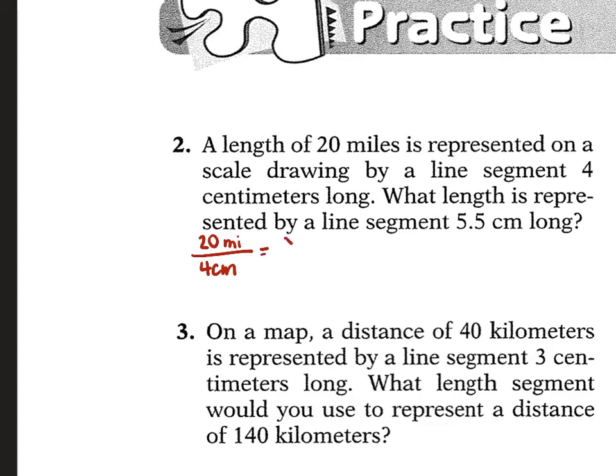So we're going to set this equal to something over 5.5. We cross multiply to get 4x is equal to 5.5 times 20, which is 110. We then divide each side by the 4. So x is equal to 27.5 miles.